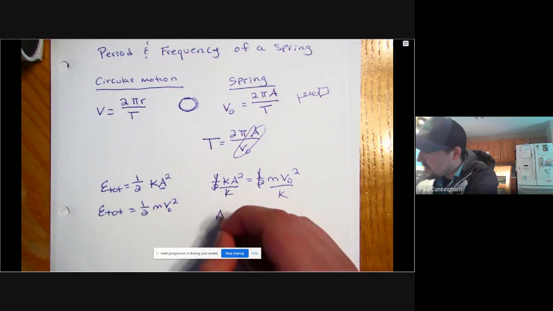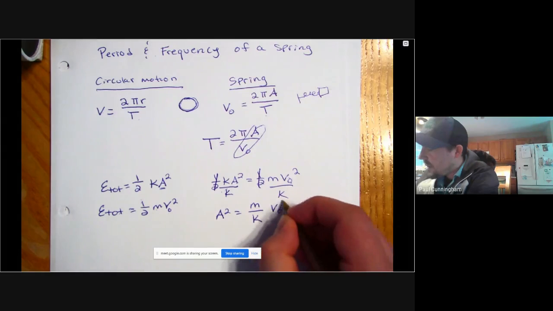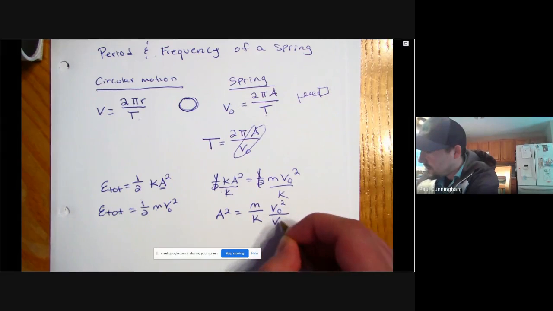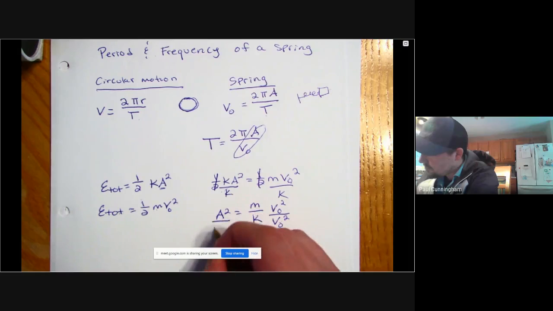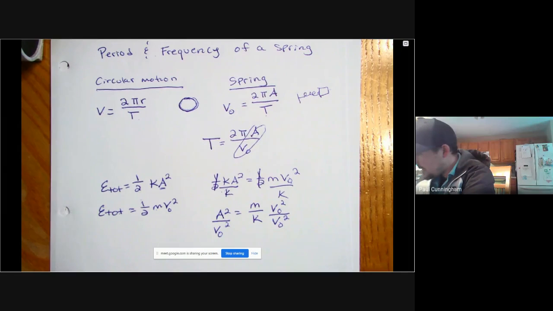Then I get A squared equal to m over k times v sub 0 squared. Now I'm going to divide both sides by v sub 0 squared, and we end up getting A squared over v sub 0 squared equals m over k.